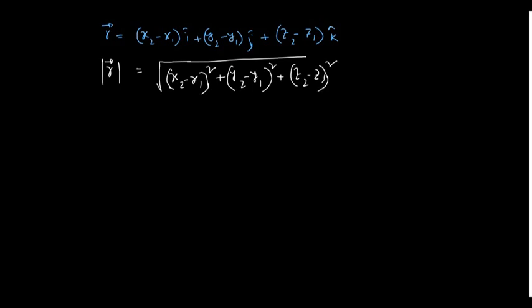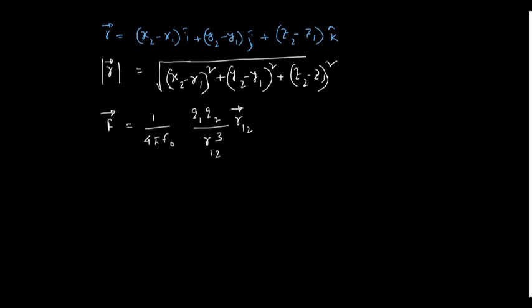Now if you go back to Coulomb's law, F vector was equal to 1 by 4 pi epsilon naught q1 q2 by r12 cube into r12 vector.